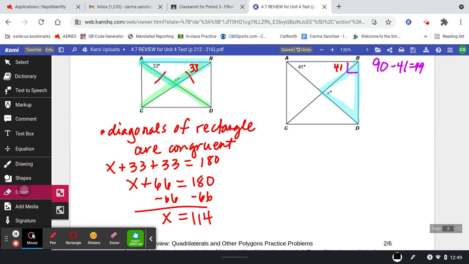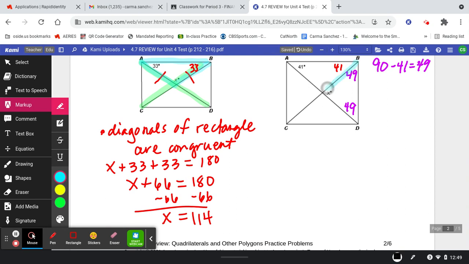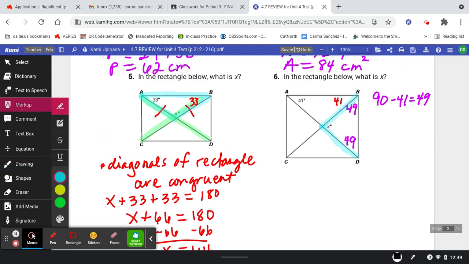And so that means that this guy over here is 49. And this guy over here is also 49 because, again, we have this idea of the isosceles triangles inside of the rectangle. And that's all because this tells us up here that this is a rectangle.